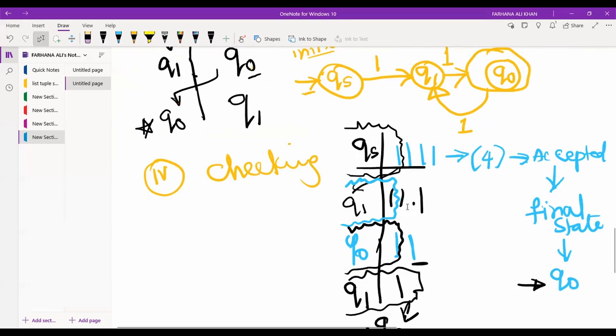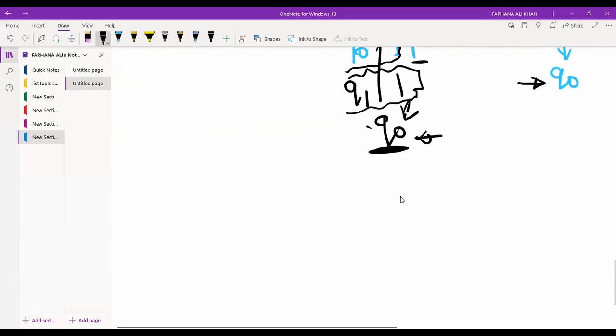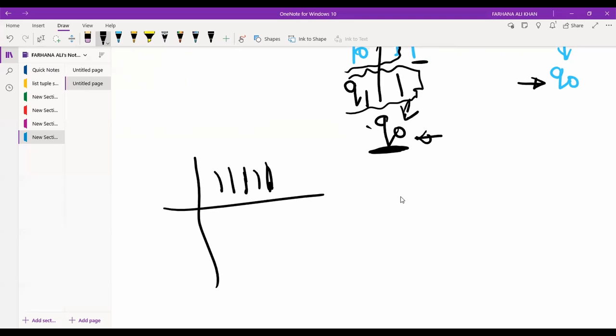And if you want, you can take one more example. For example, I want to check the number 5, which we have not considered while designing, using the tape method, to see whether your machine is perfectly designed. We are going to consider a new string. Number 5, is it divisible?